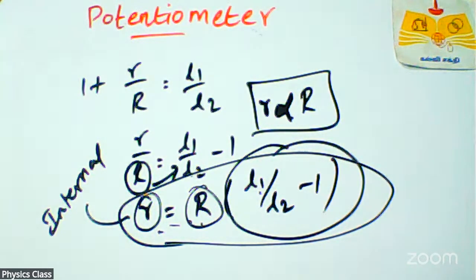Now you can ask any doubt regarding the potentiometer, internal resistance, comparison of two EMFs, or otherwise I will ask a particular student or particular ID. So please unmute Oppo Reno 2F.